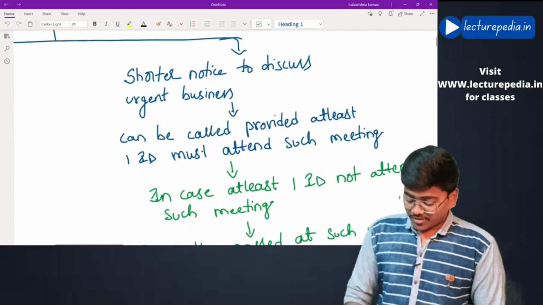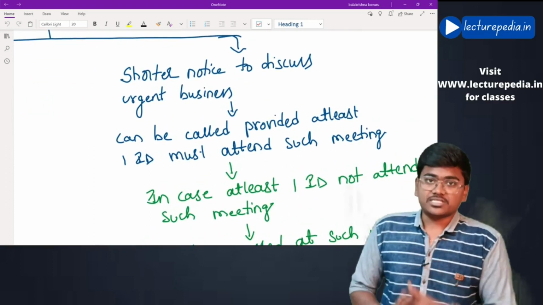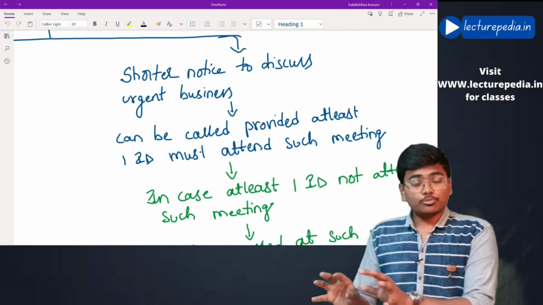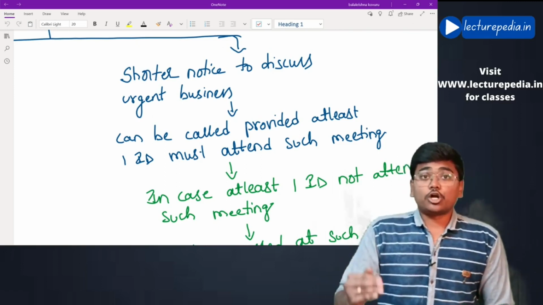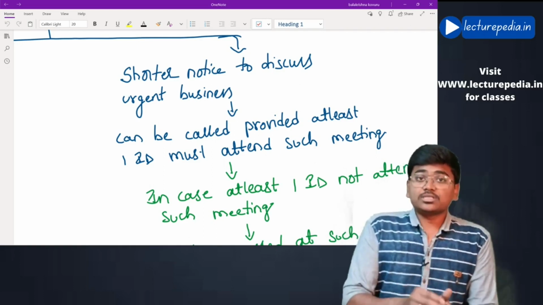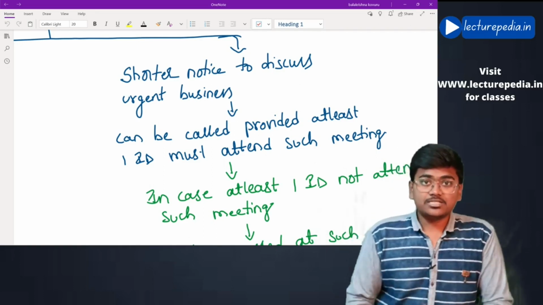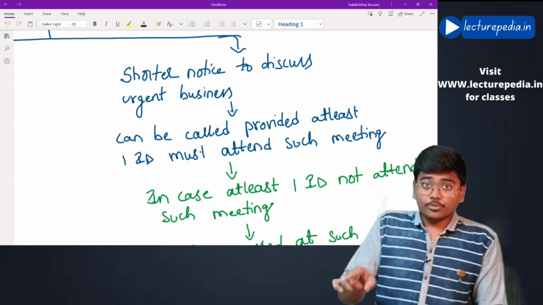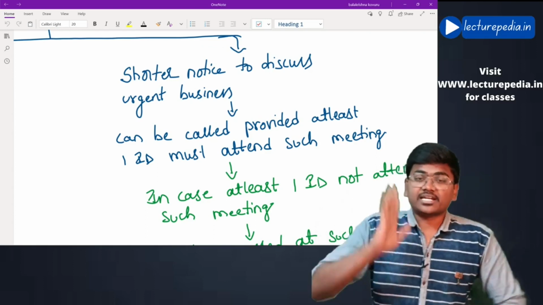See, for discussing some urgent business, the company can conduct board meeting by giving some shorter notice, but subject to the condition that if the company gives shorter notice than 7 days, then for such board meeting at least one independent director must attend.